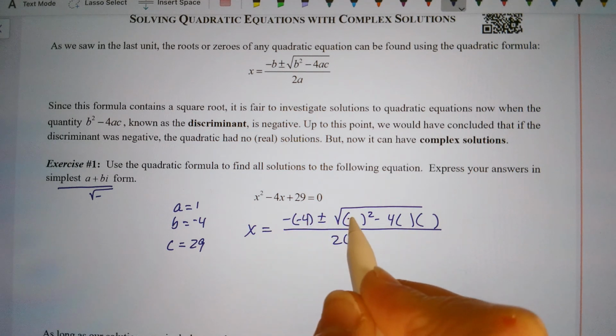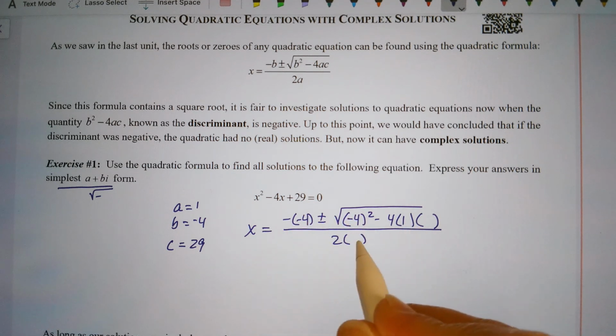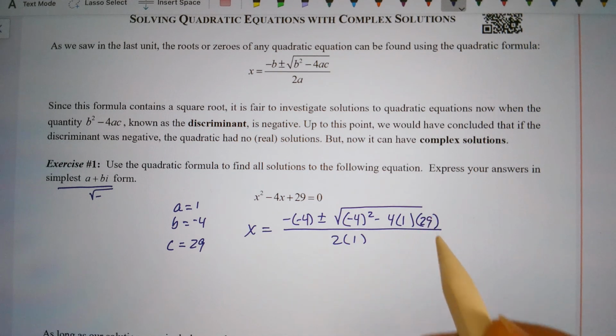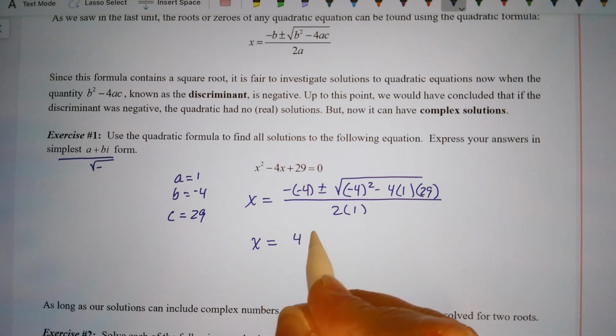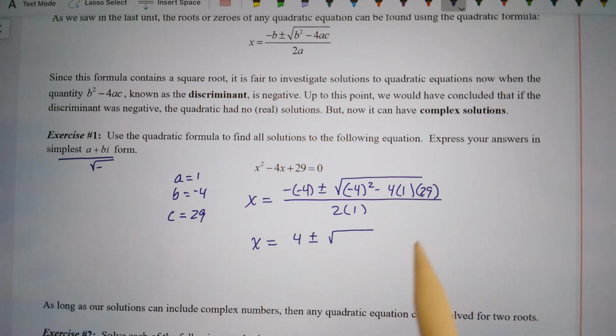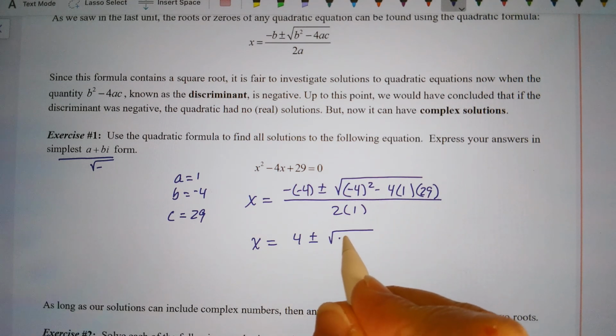So negative negative 4, making our substitutions. So x equals 4 plus or minus the square root of 16 minus 116, which is going to be negative 100.